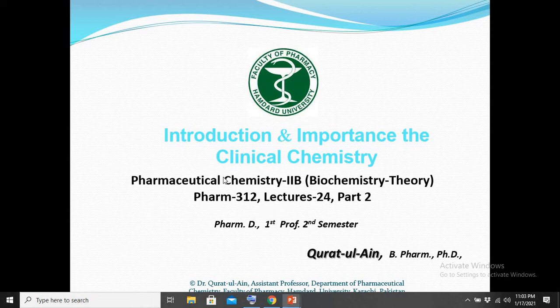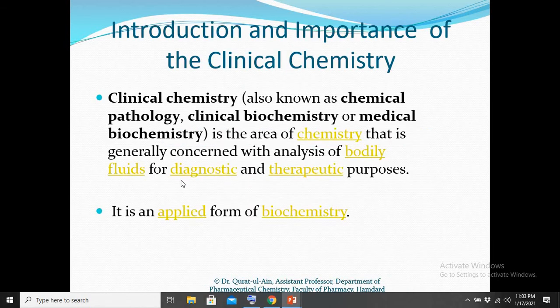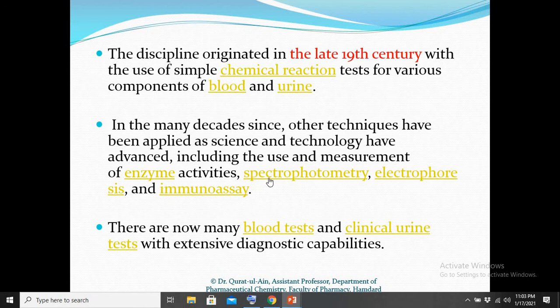So we have understood why we perform the clinical chemistry test and what its importance is. Previously, in the 19th century, to find out the concentration of any biological macromolecule in the body fluid, we were using chemical reactions.